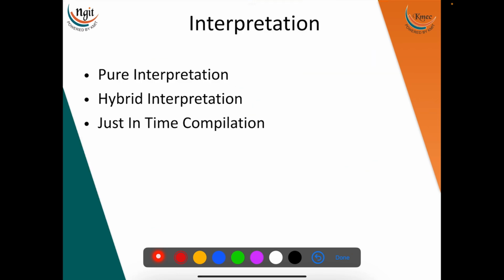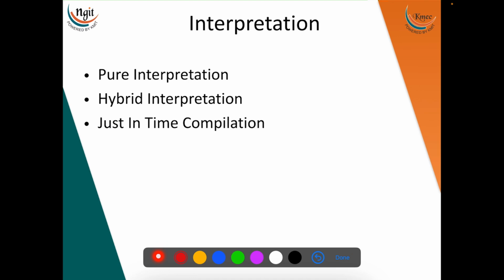Now, I'm moving into interpretation. What do you mean by interpretation? Interpretation is similar to the compiler as I discussed now. The way the compiler does execution and finds errors if there are any in the program, interpretation is also the same. But we have many differences to differentiate compiler and interpreter.